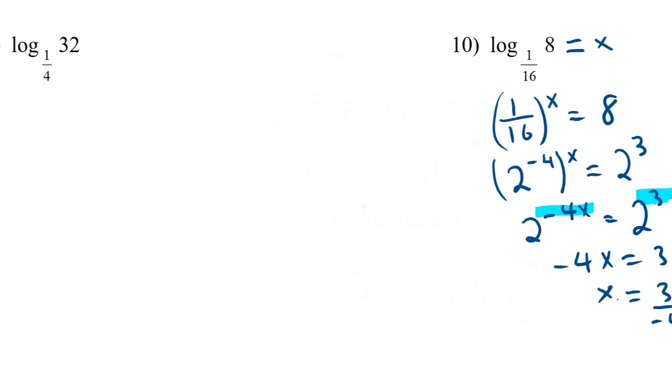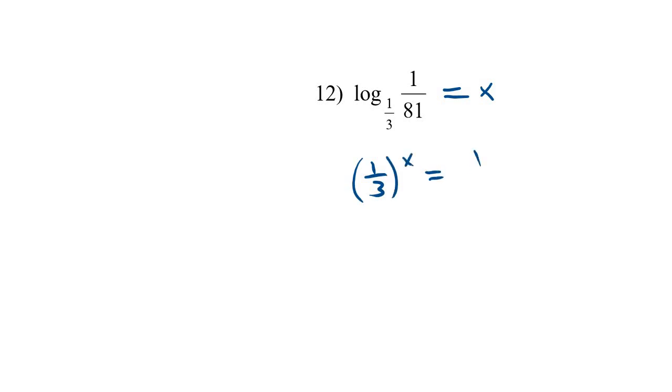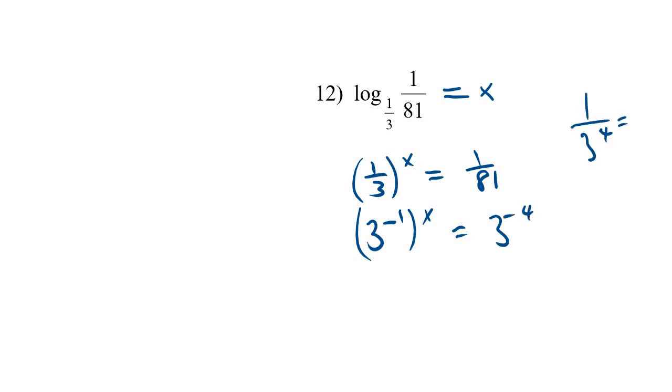All right, there is another one that might give you trouble. Both of them are fractions, okay? It's not too hard. Let the answer be x. So 1/3 to the power of x equals 1 over 81. So then write this as 3 to the power of negative 1 to the power of x, equals 3 to the power of negative 4, because 3 to the power of 4 is 81.